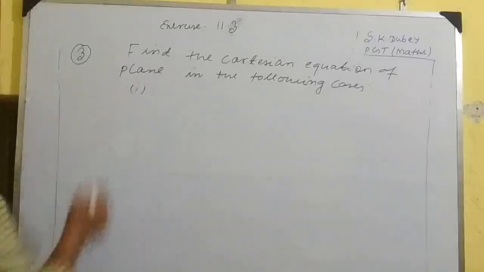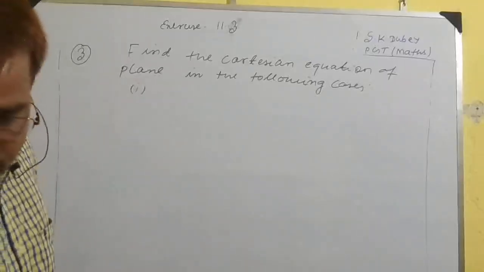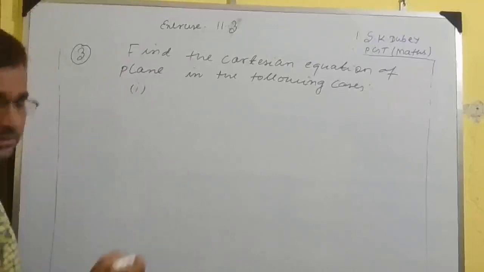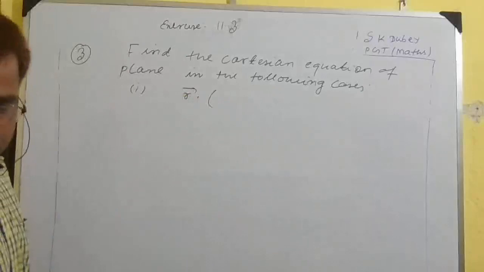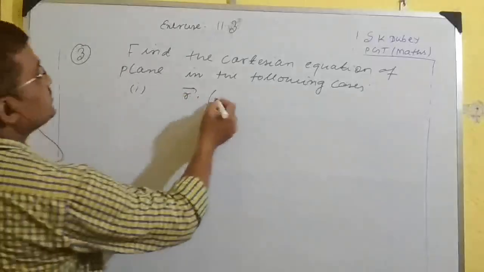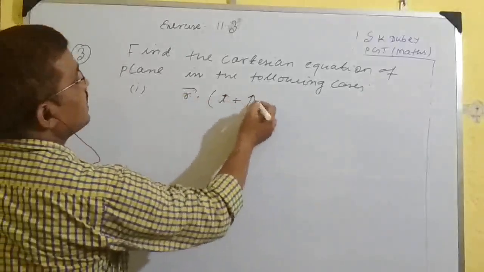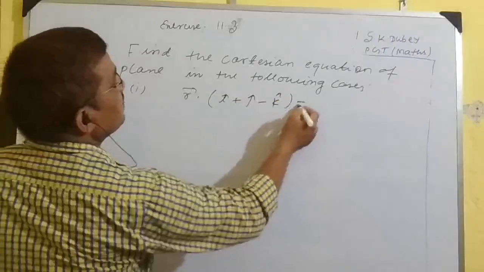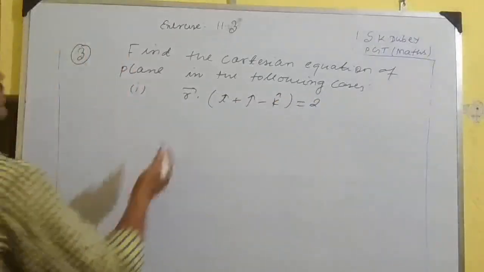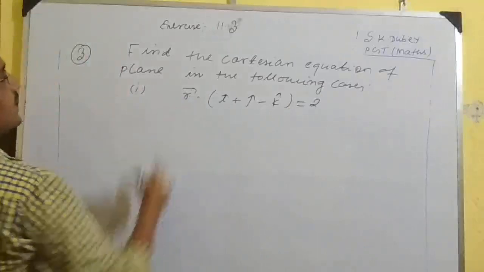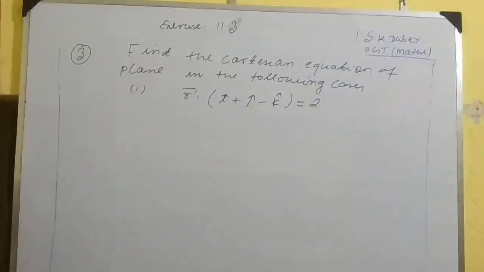First question is r dot i plus j minus k is equal to 2. Now r is any general point on the plane.